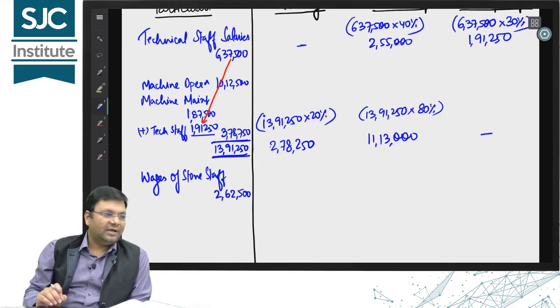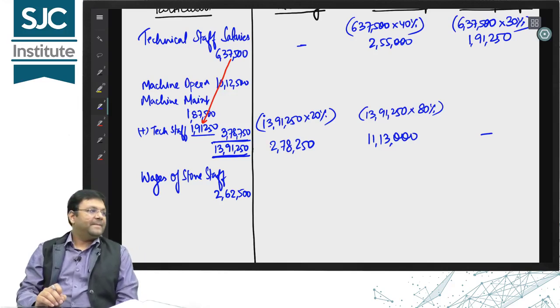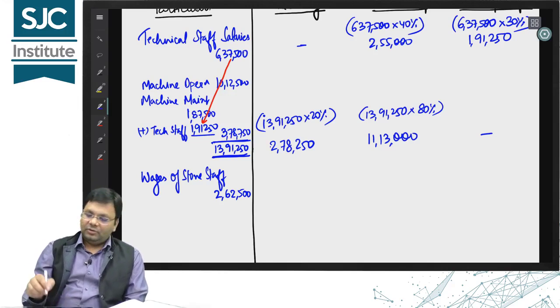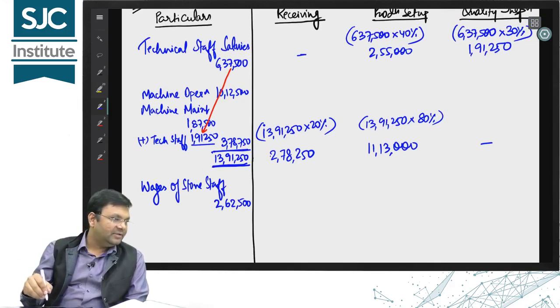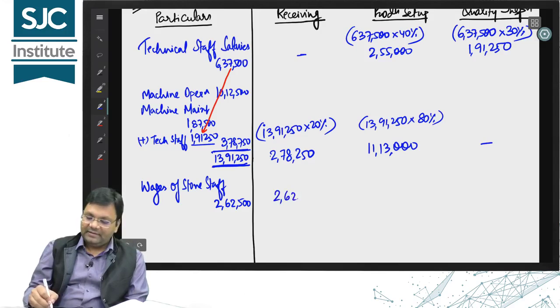Wages of store staff. It should go only in receiving activity. Yes, Bijitesh, thank you. Only receiving. Receiving is a store activity here.